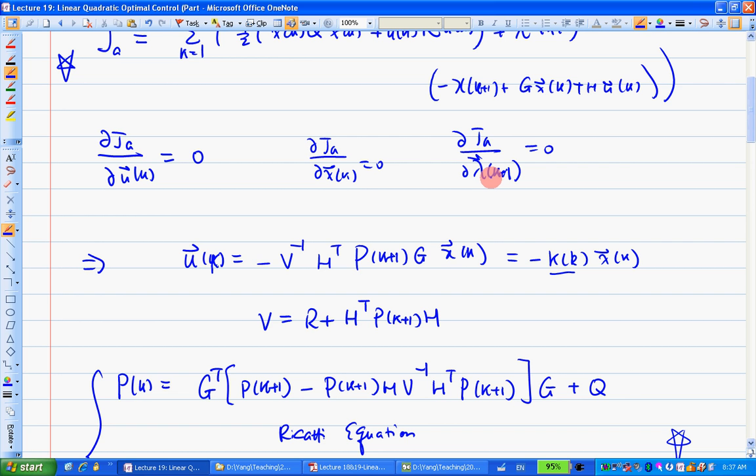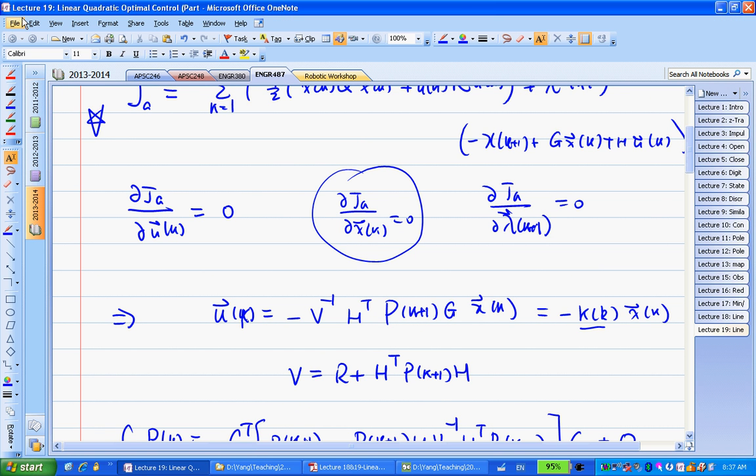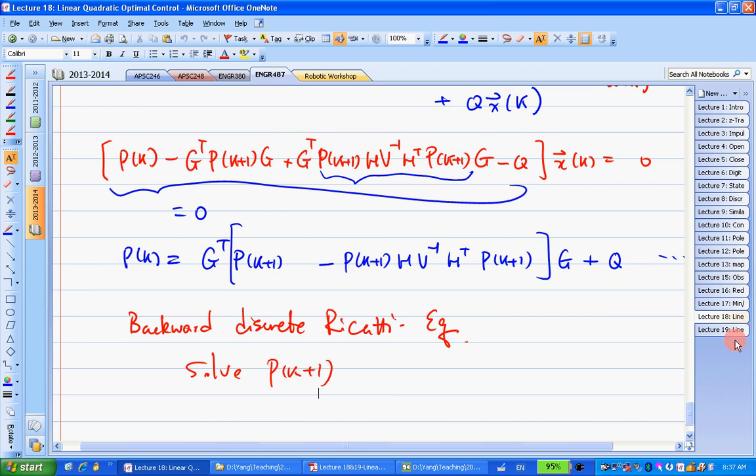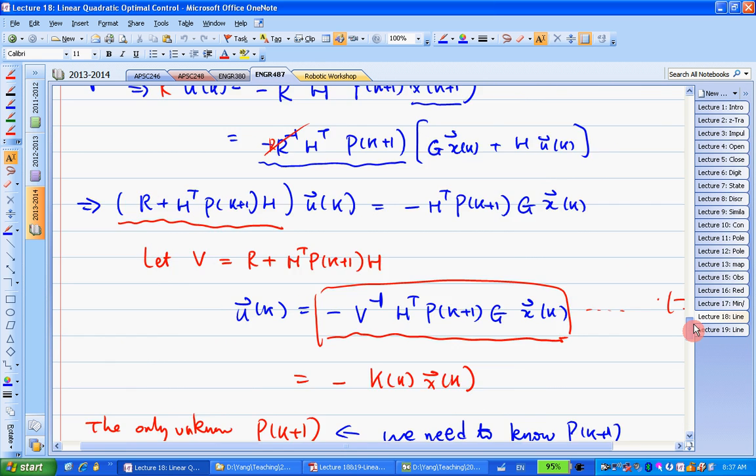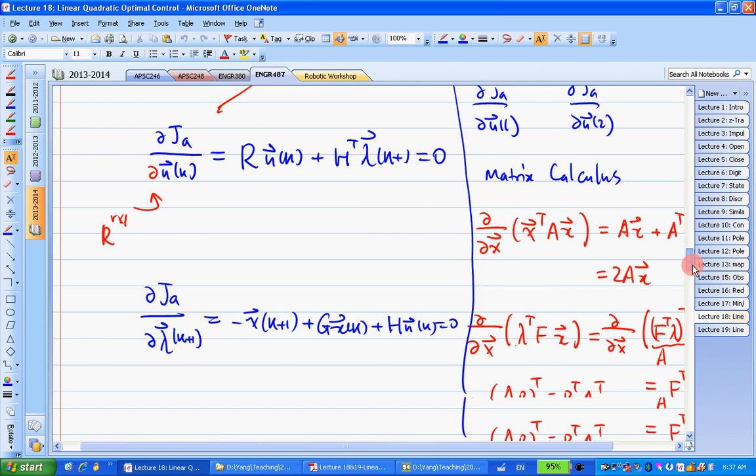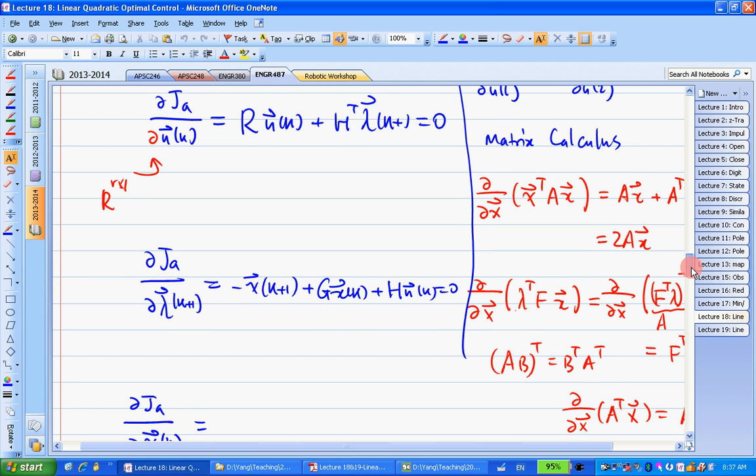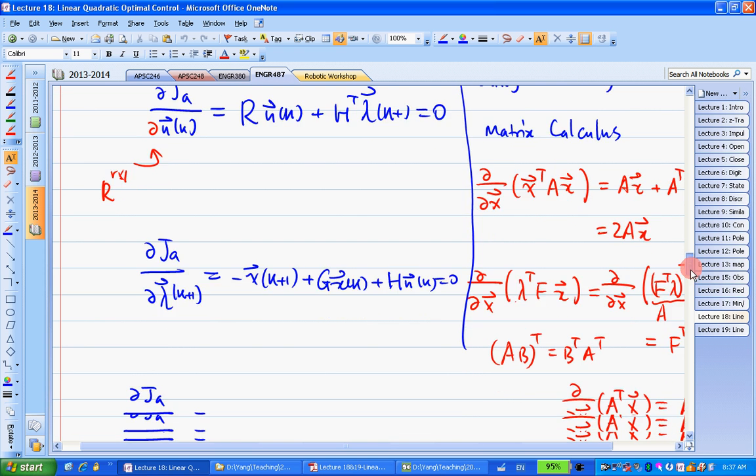The results of the 3 partial derivatives I have in the previous one, right here.